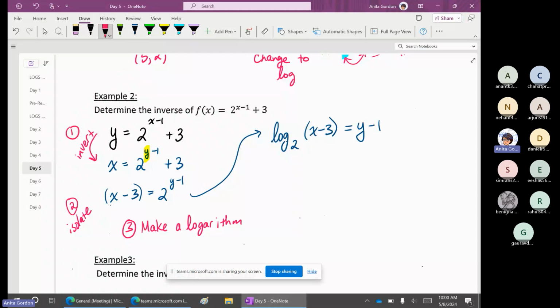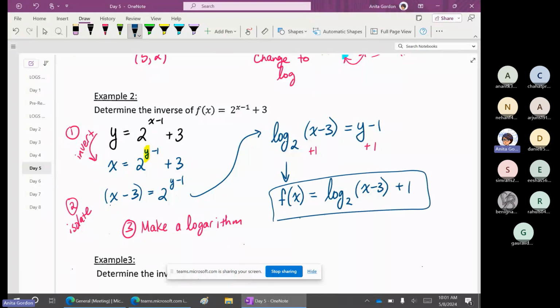And so my last step is to add 1 to both sides. So my final answer, f inverse of x equals log base 2 of x minus 3, plus 1. And this is the inverse function.